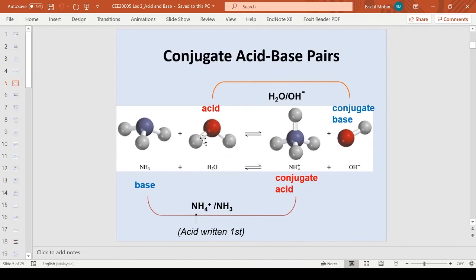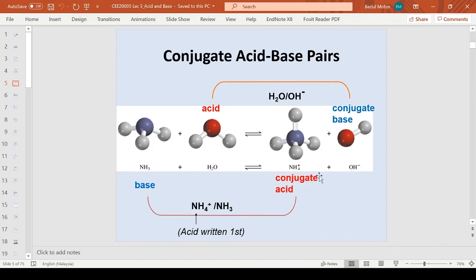Water will give one hydrogen or proton to ammonia and produce the ammonium ion, and the water molecule itself becomes the hydroxyl ion. As it becomes hydroxyl ion, it is the conjugate base of that water molecule, which is working as an acid here.